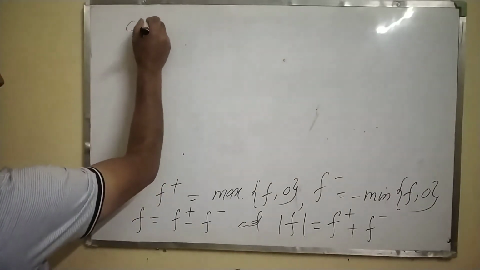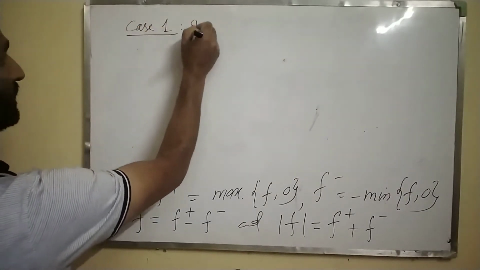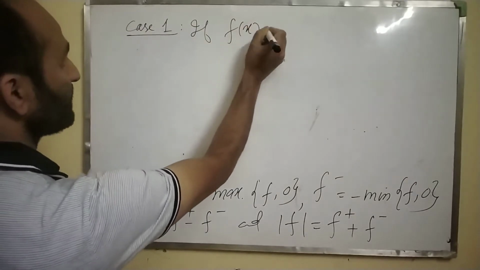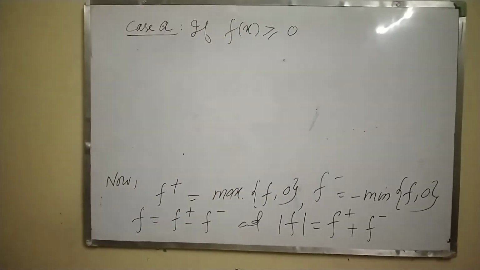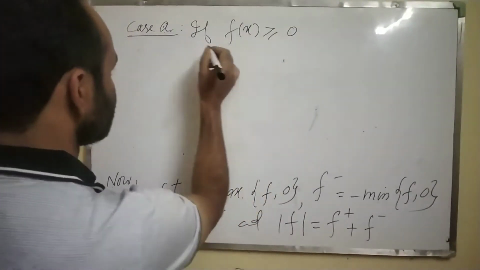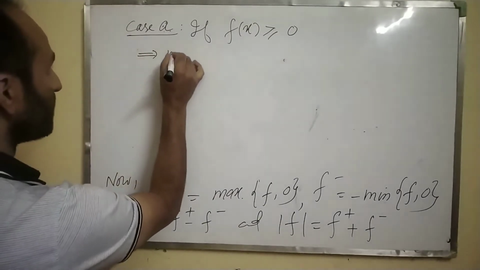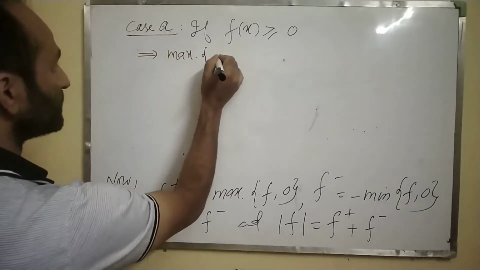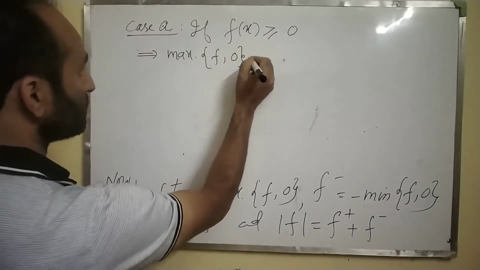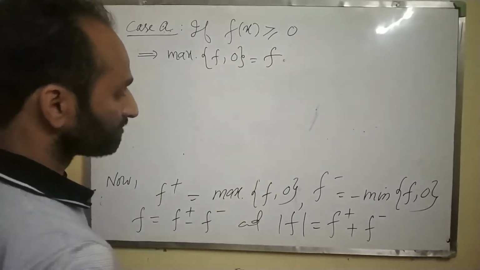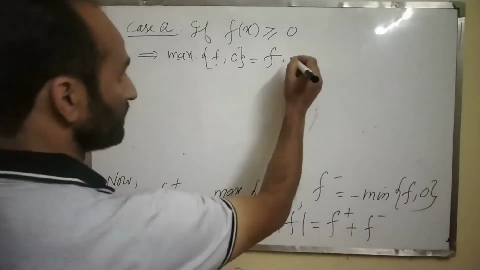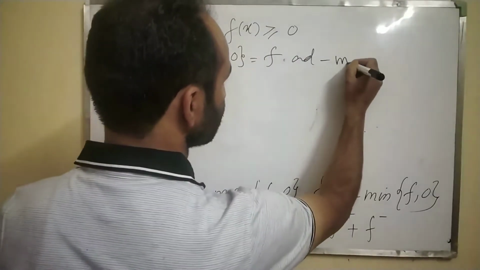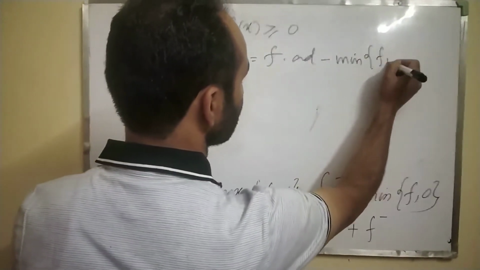So case 1, case A: if f of x is greater or equal to 0, then we conclude that the maximum of f comma 0 is equal to f at this point, and minus times the minimum of f comma 0.